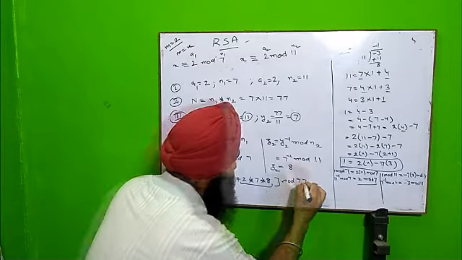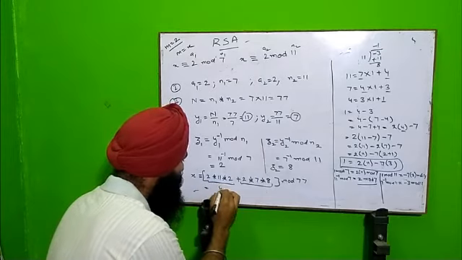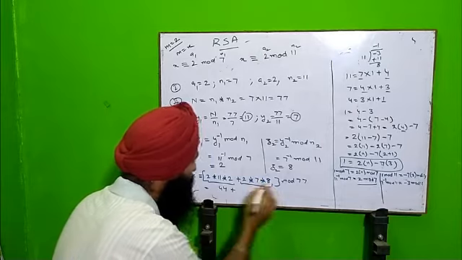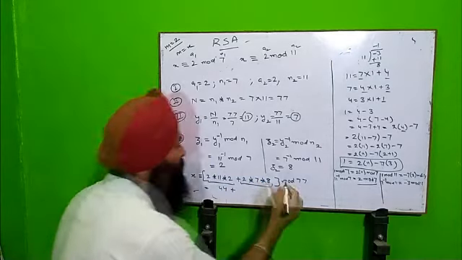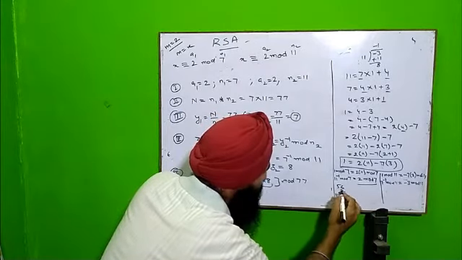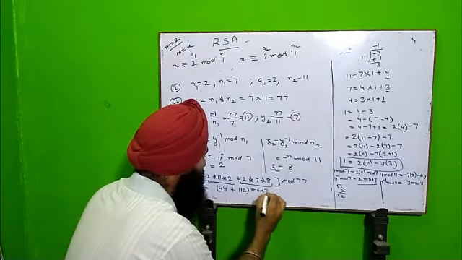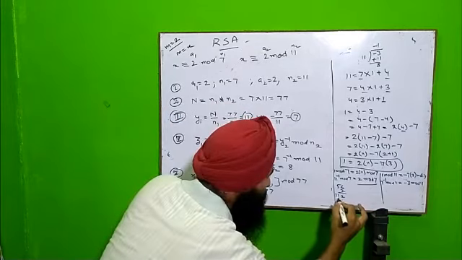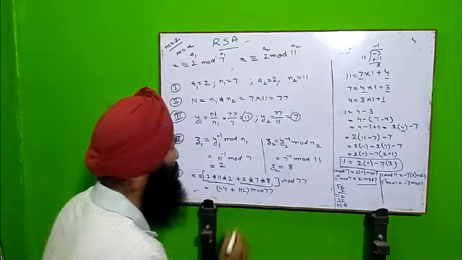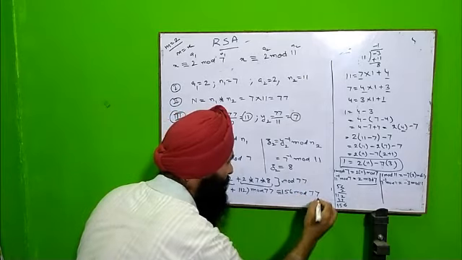So 2 into 11 into 2 is 44, plus 8 into 7 is 56, 56 into 2 is 112, mod 77. So 112 plus 44, 156.